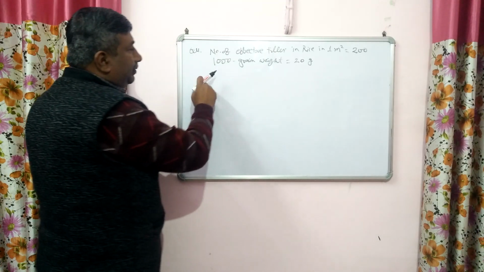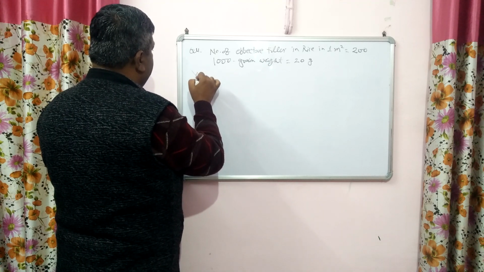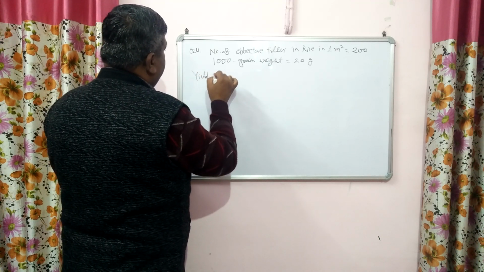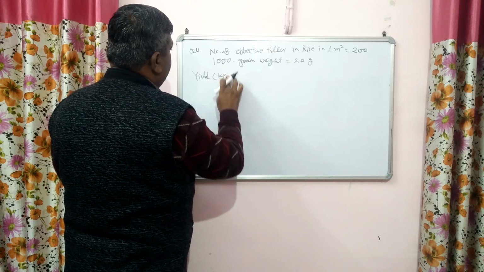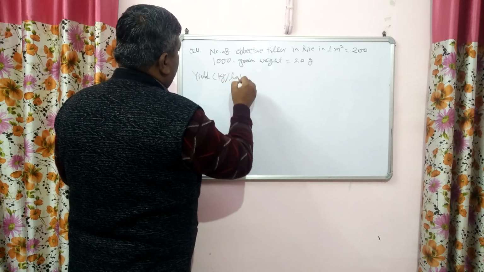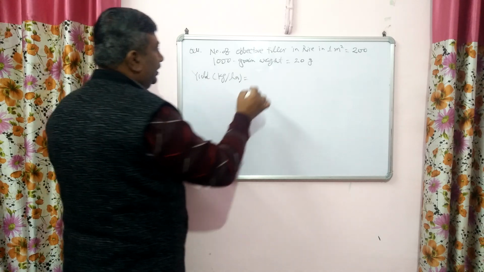Then yield in kg per hectare, simple formula is that yield per plant.